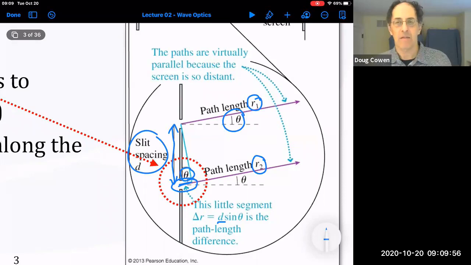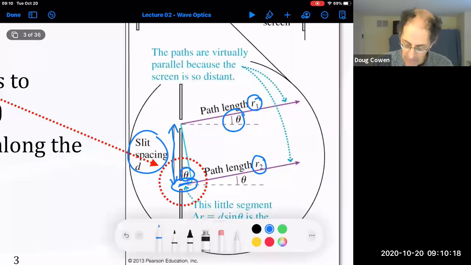And then when they meet at the screen, they will constructively interfere because one just gets shifted by a full wavelength compared to the other. And so the peaks will still line up with the peaks, troughs with the troughs, and they'll add up constructively, fully constructively, at the screen at this particular angle theta.